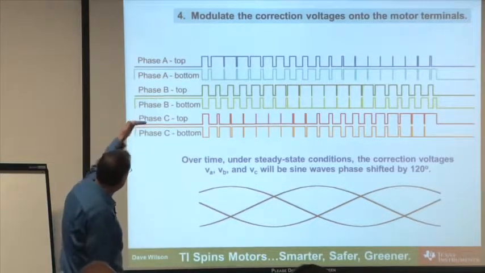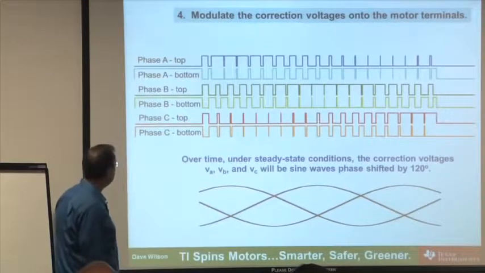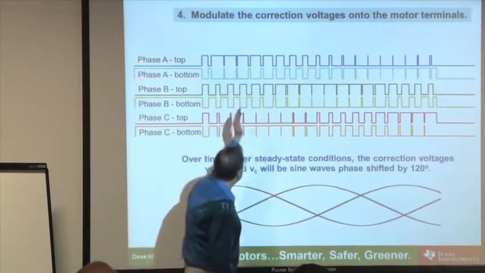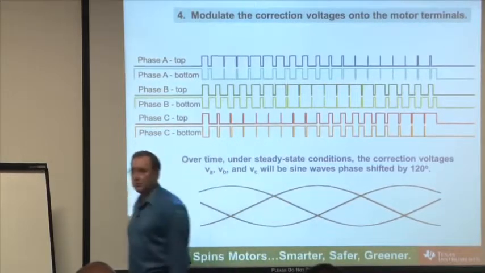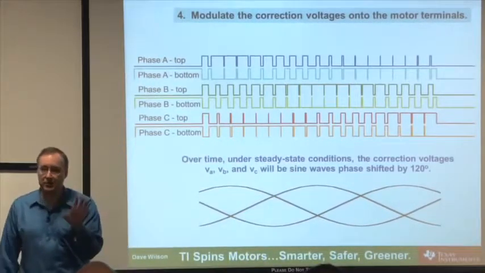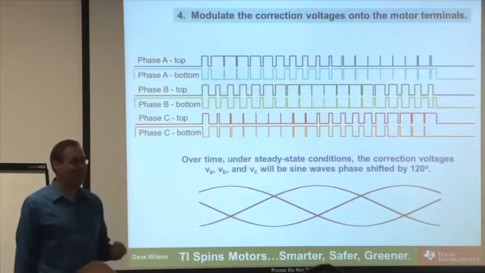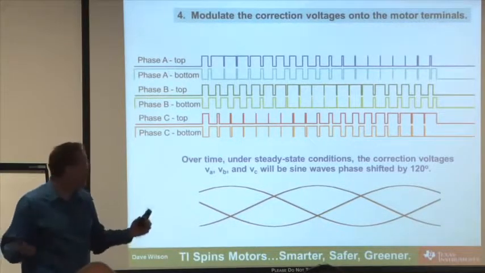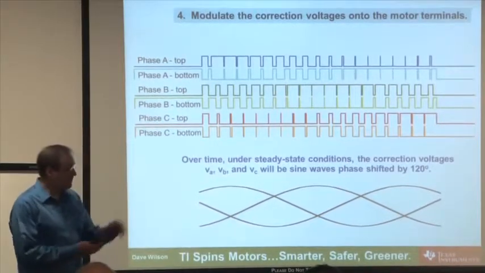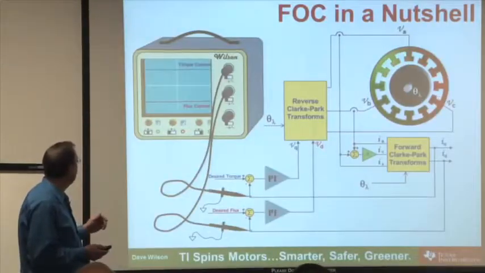Over time, these PWM values will generate sinusoidal voltages that control the currents to be sinusoidal and perfectly in phase with the rotor flux. And that's it. We've done step 1, step 2, step 3, step 4.